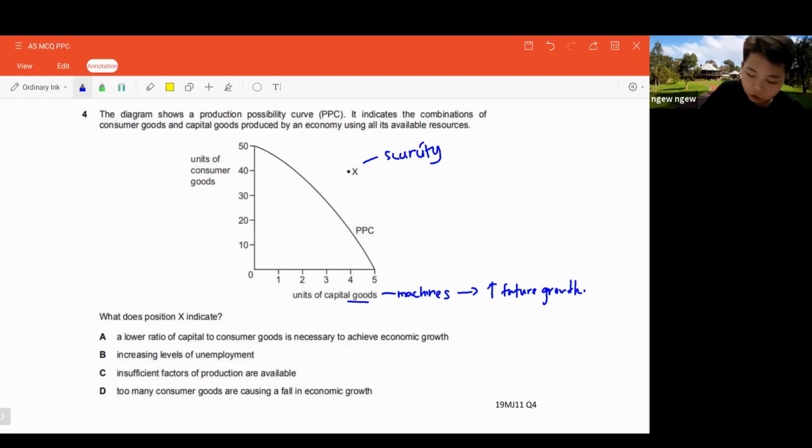Likewise, consumer goods refers to those goods and services that consumers can consume immediately to gain satisfaction.